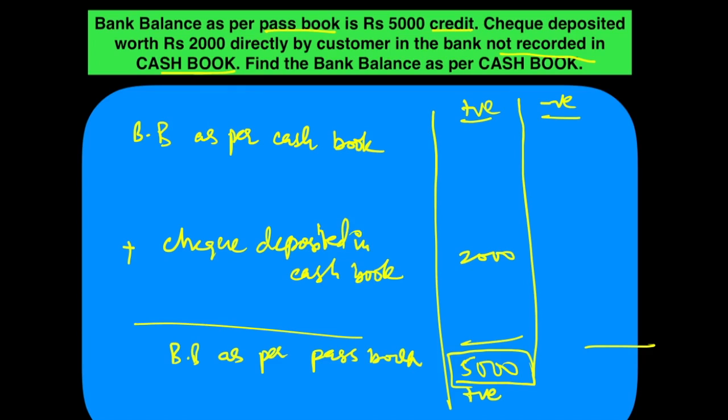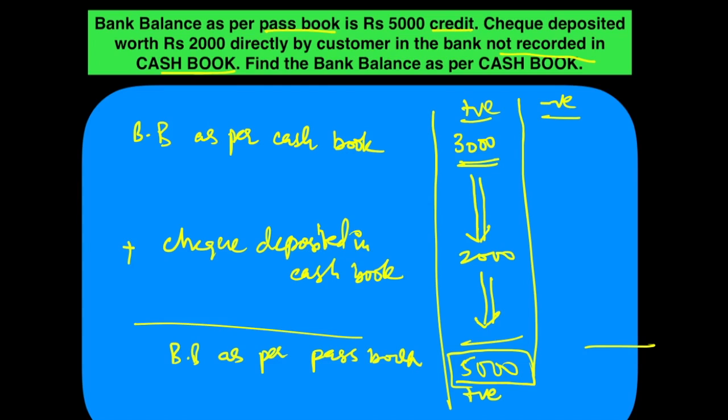So 2000 is going to be our positive figure. So what we need here is 3000, because that is our balancing figure. So when we add 2000 more to 3000, we arrive at 5000, which is our positive balance of passbook. So that is how we arrive at the answer.